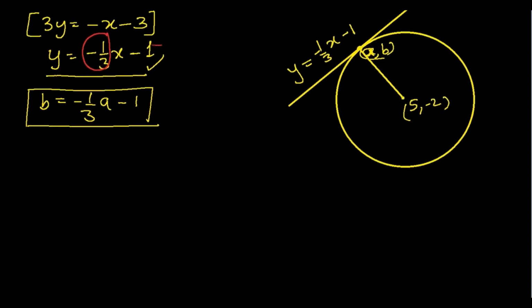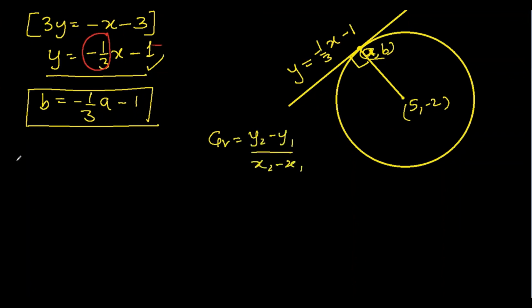So let's do it. We also know that the angle between the tangent and the radius of a circle is always 90 degrees. And the gradient of the radius will be, what is the formula for gradient? y2 minus y1 over x2 minus x1.